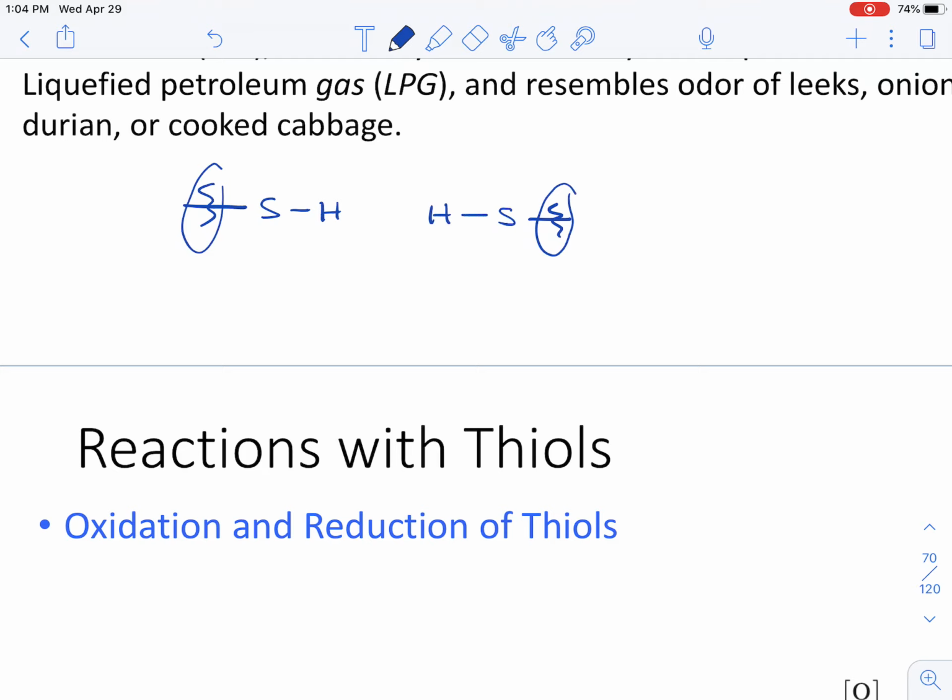If you recall from our brief discussion of oxidation with respect to organic chemistry, one of the things that happens in oxidation is loss of hydrogens. And reduction would be gain of hydrogens.